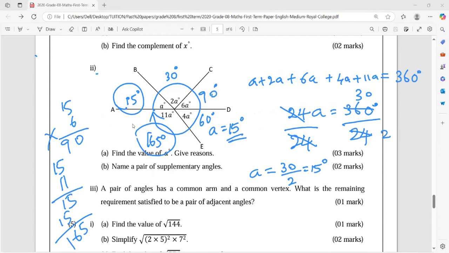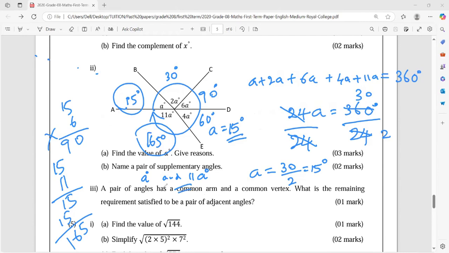We cannot write with that notation because the midpoint here has not been marked. Therefore, we can write a and 11a. Right.